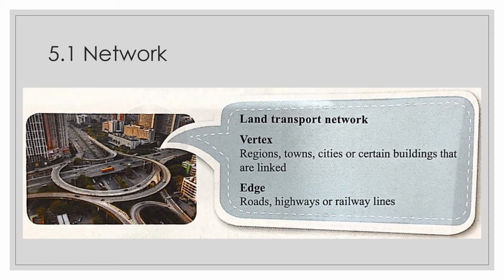Here are examples of networks, and this is a land transport network. The vertex here represents the regions, towns, cities, or certain buildings that are linked. So how about the edge? The edge shows the roads, highways, or railway lines.